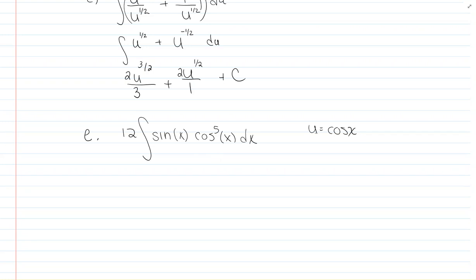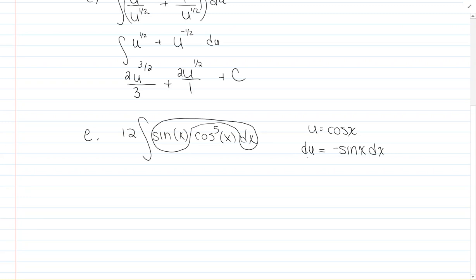So we've got u equals the thing being raised to the power, du, the derivative of cosine is minus sine x dx, which is good because I have a sine x dx.